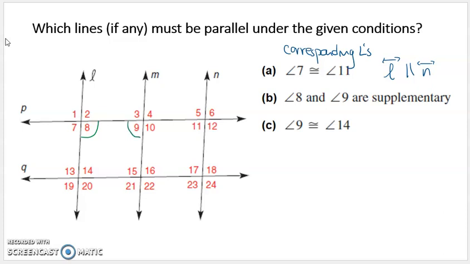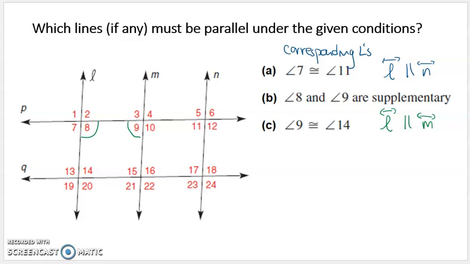Those are interior angles for the lines L and M that lie along transversal P, and they're consecutive interior angles. If they are supplementary, then I know that line L must be parallel to line M.